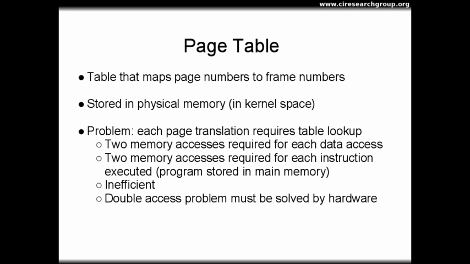Since the lookup requires a memory access, each process memory request would actually require two physical memory accesses. This situation is especially troublesome because a memory access occurs both upon accessing data and upon reading the next instruction to be executed. Without some additional hardware to resolve this problem, system memory performance would be effectively cut in two, greatly reducing the overall performance of the system.